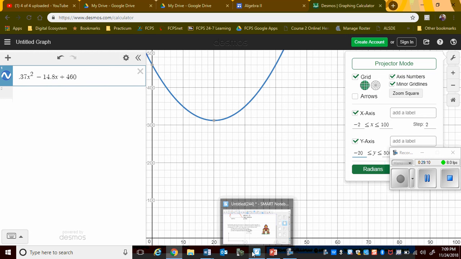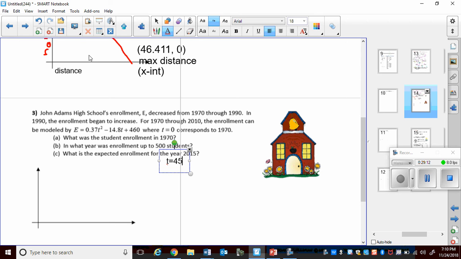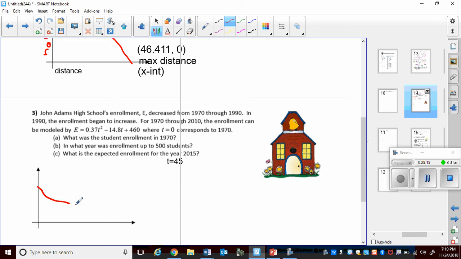So I'm going to go back to my graph and make the curve. This is what it looks like. That's an ugly curve. I'm going to try to redraw that. That's what it looks like. So there's my curve.